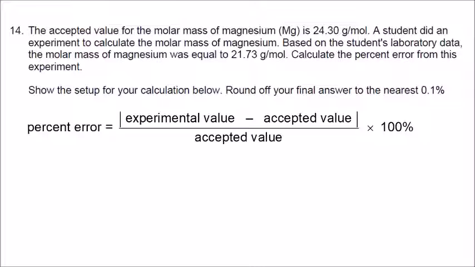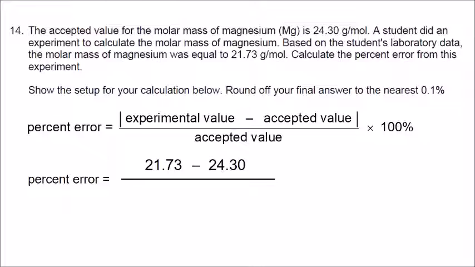So the difference between 21.73 and 24.30, so the absolute value of that difference, divided by the accepted value, 24.30, and then times 100%.